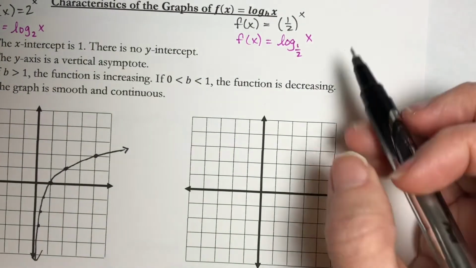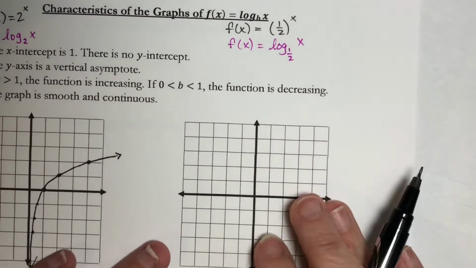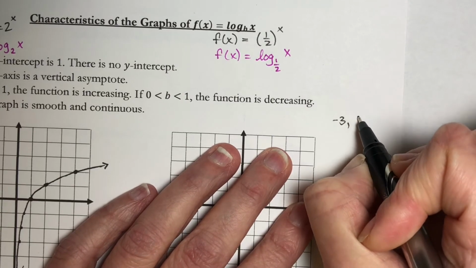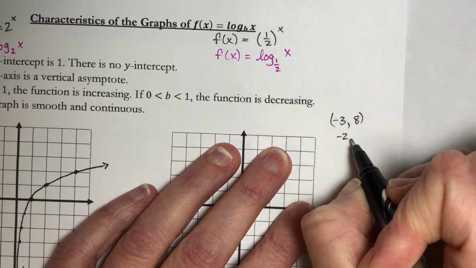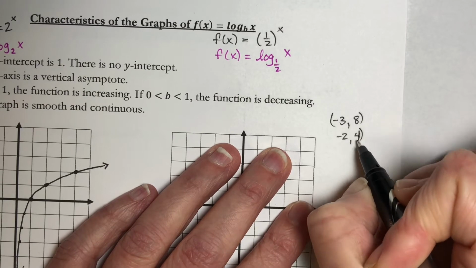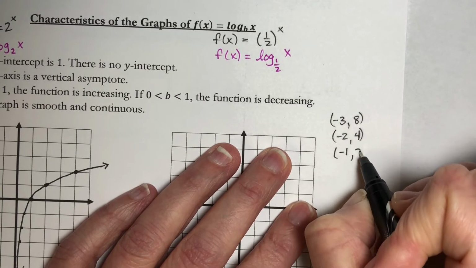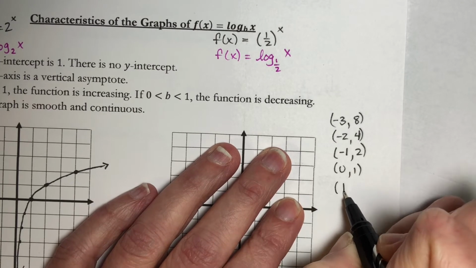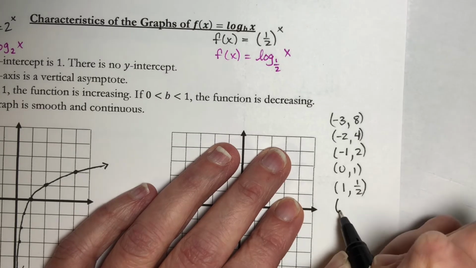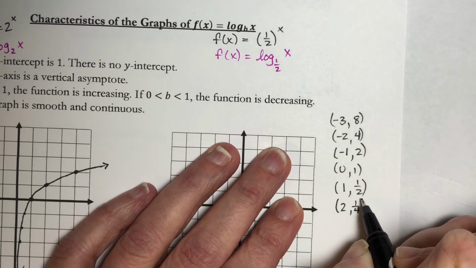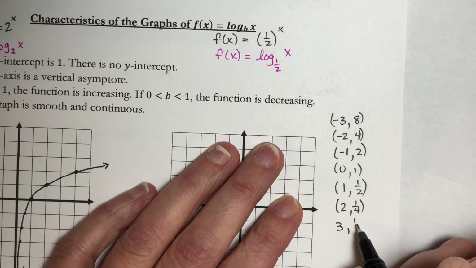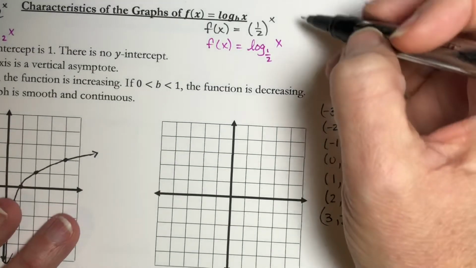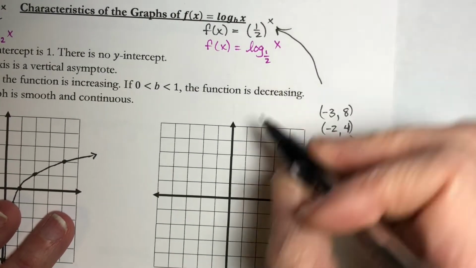If you go back and look at when we did this and we had our t-chart, what we had was -3, 8, -2, 4, -1, 2, 0, 1, 1, 1/2, 2, 1/4, and then 3 was 1/8. And again, I pulled these directly from this t-chart that we did in the previous section.